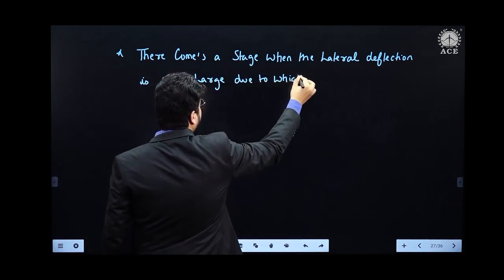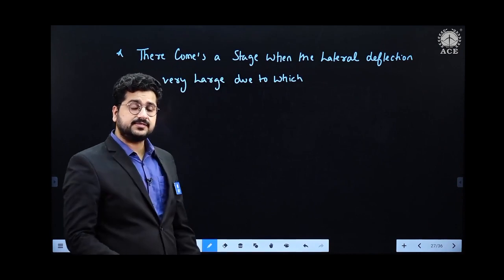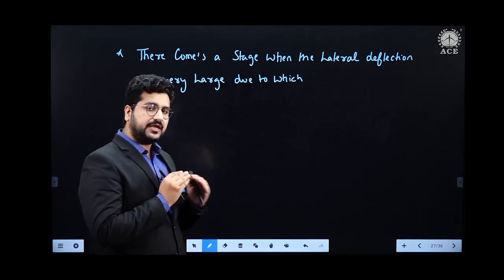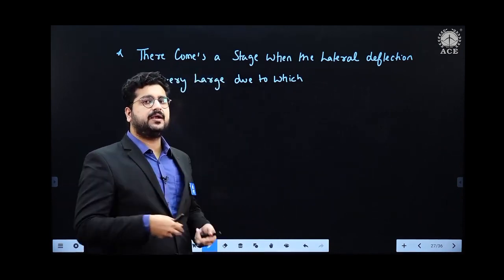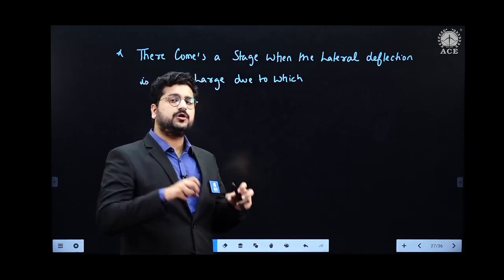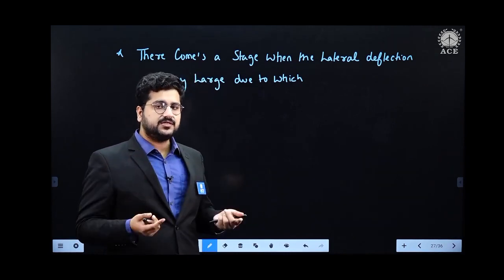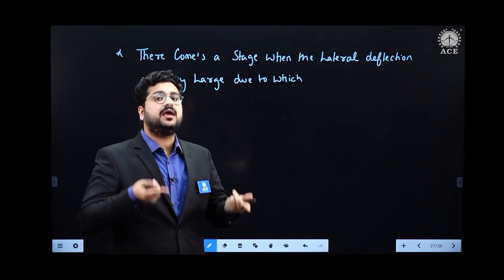most of the column strength will be exhausted in resisting the bending only. Now the deflection is so large that the upcoming bending moment is taking the majority of the strength of the column section. That is why you are not able to increase any axial compression.